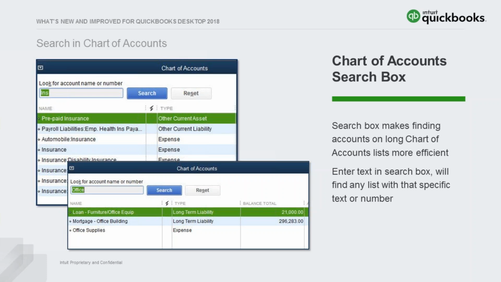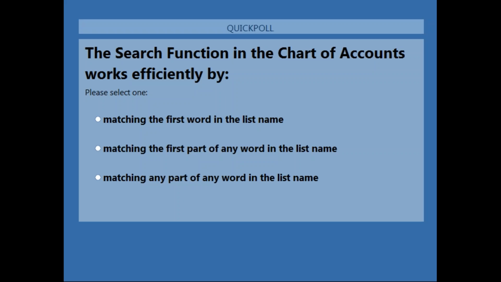Wendy, I think we are ready for the second polling question, and I may not have given enough information to answer that now that I see the polling question, but let's see how good you are at knowing how QuickBooks behaves. So the search function in the chart of accounts works efficiently by finding matches in the first word of a chart of accounts list name.